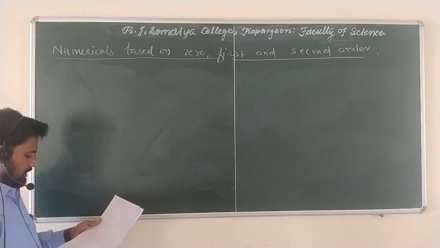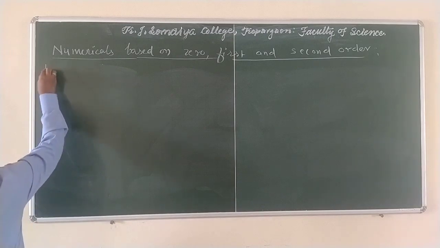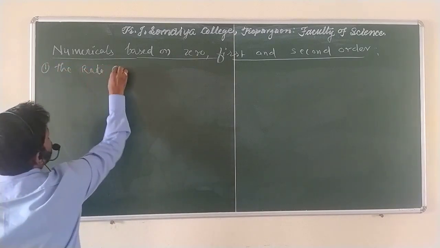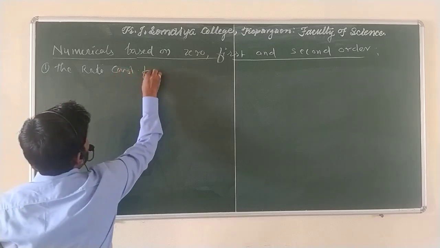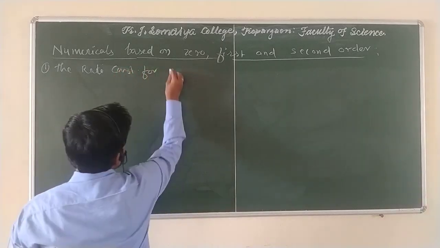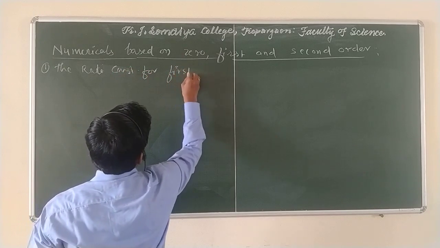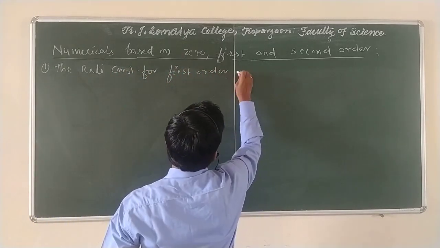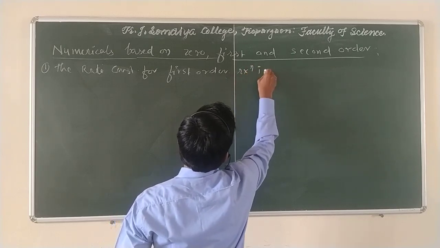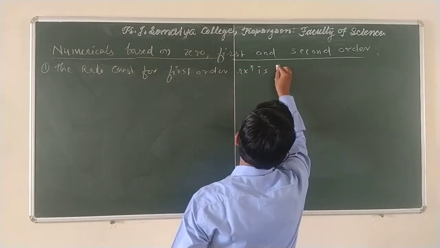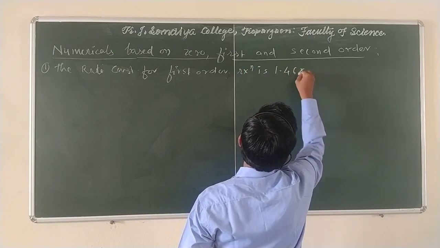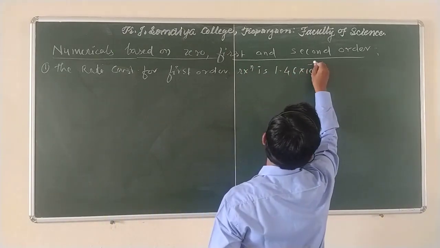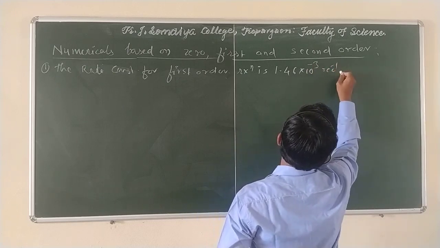The first problem: the rate constant for a first order reaction is 1.46 into 10 raised to minus 3 per second.